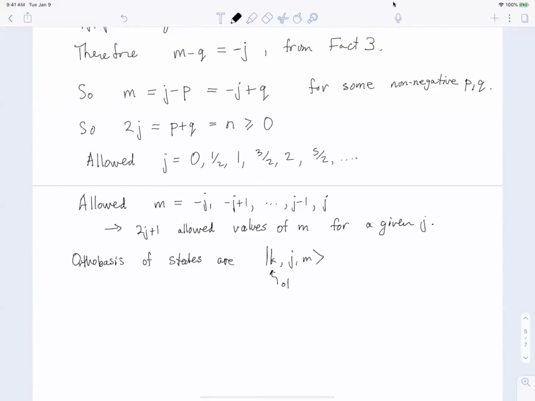So these are other labels. This could be the energy. It doesn't necessarily have to be, but this depends on the problem. I do have to commit to telling you what exactly the system is before I can tell you what these labels mean.